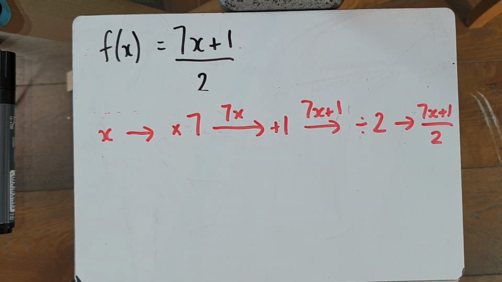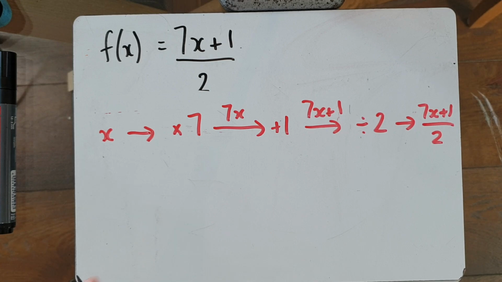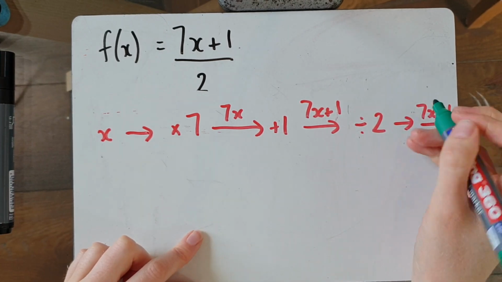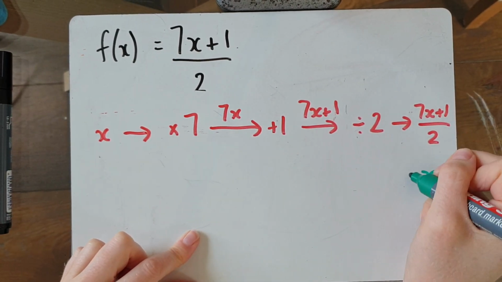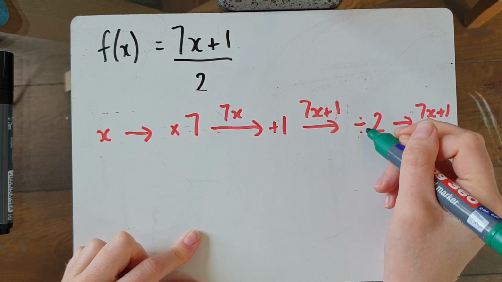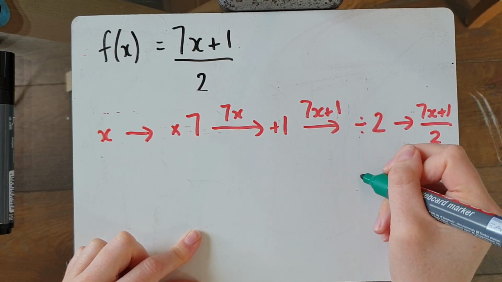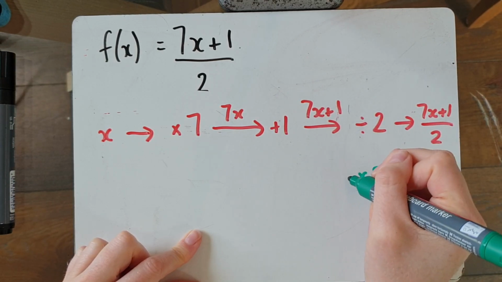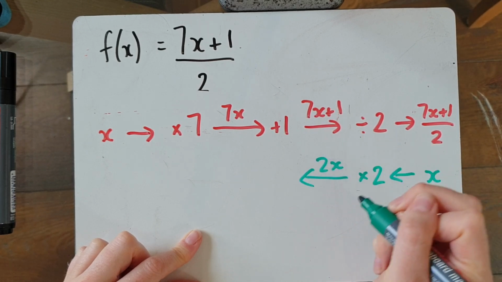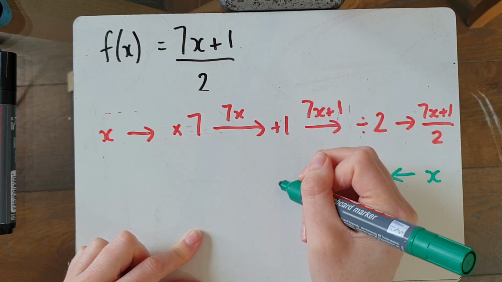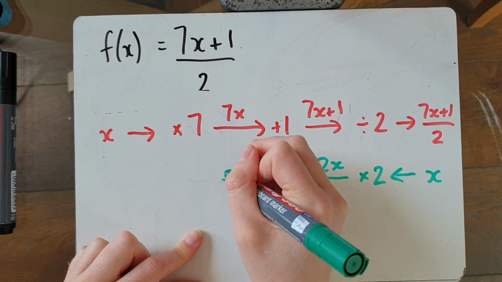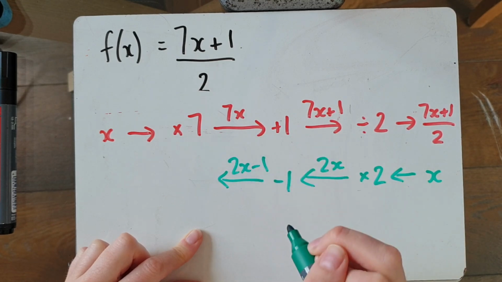To get the inverse function, we reverse the function machine, and we're going to put x in at this end. Instead of dividing by 2, we're going to do the opposite. We're going to times by 2. So we've now got 2x. Then instead of adding 1, we're going to subtract 1. So we've now got 2x minus 1.